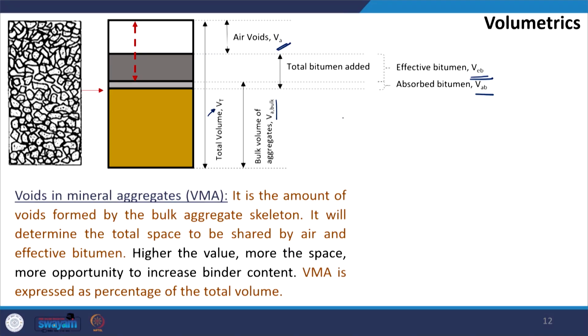Let us say that you have this aggregate, this aggregate, this aggregate. And remember, these aggregates already have some voids. It can have a void something like this.